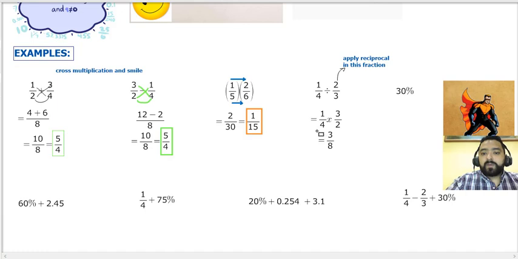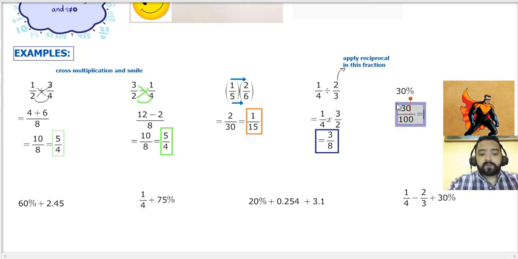Now, remember, we have a percent. In this case, this percent, 30%, we are going to divide by 100, because we need to change it first to a fraction, and then we're going to change it to a decimal. So we're going to have 30 over 100, and if you want to reduce this one, it's going to be 15 over 50.